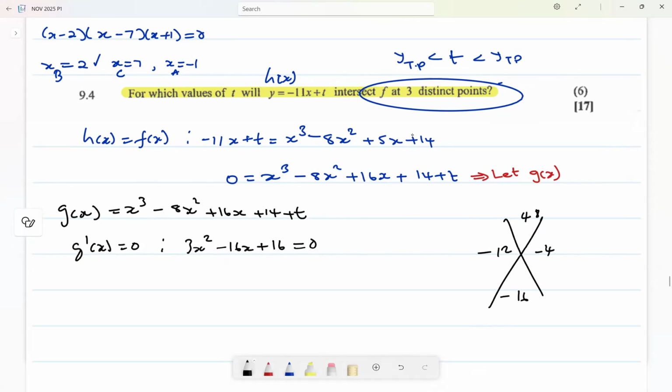Both need to be negative. So I'm going to divide by 3, and I'm going to have 3x minus 4 as well as x minus 4 equal to 0.